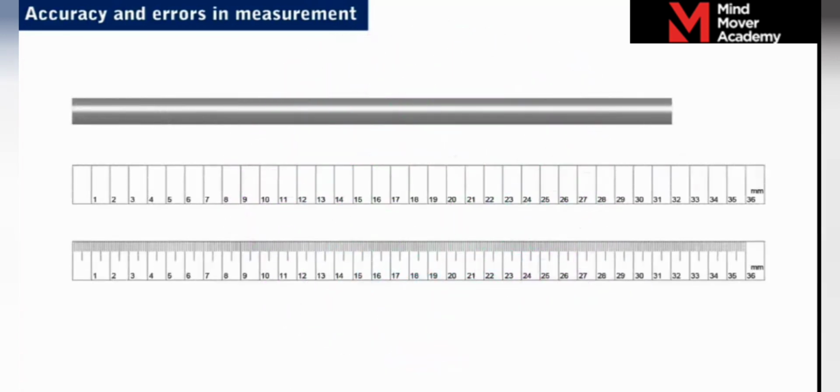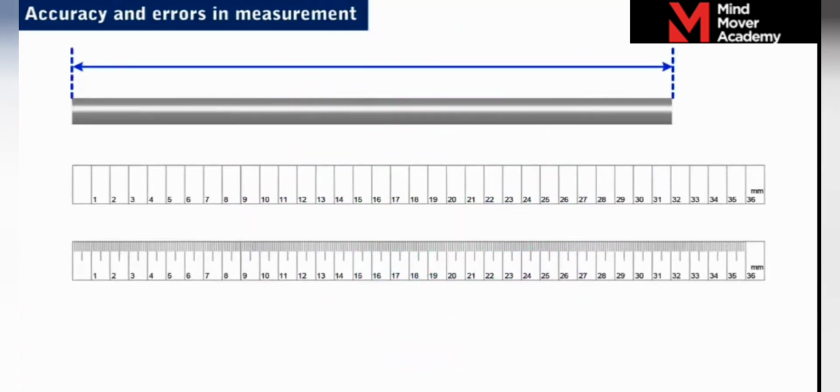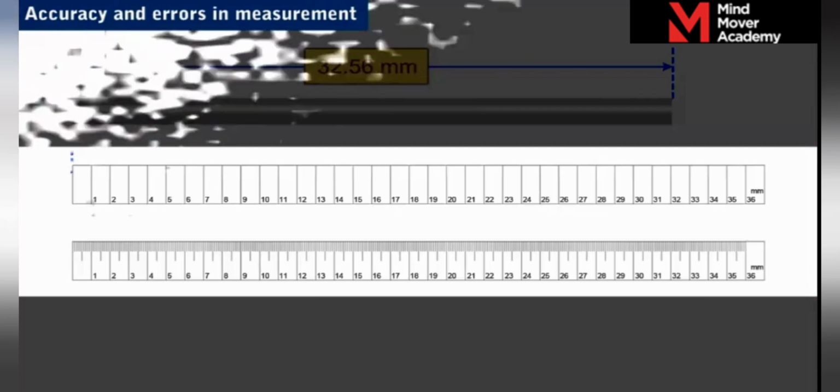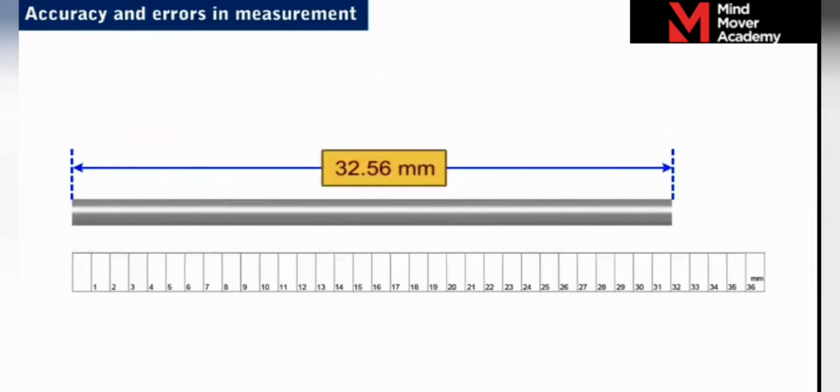Take, for example, an object whose absolute length is 32.56 mm, measured using two different instruments. Using the first instrument with a resolution of 1 mm, we obtain the measurement as 32 mm. Let us call this measurement M1.